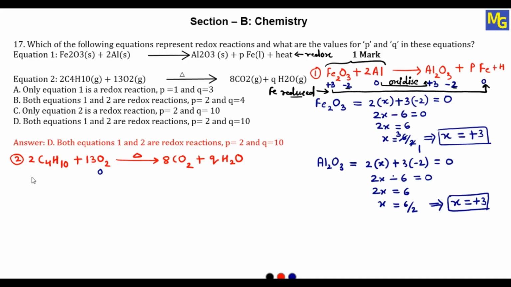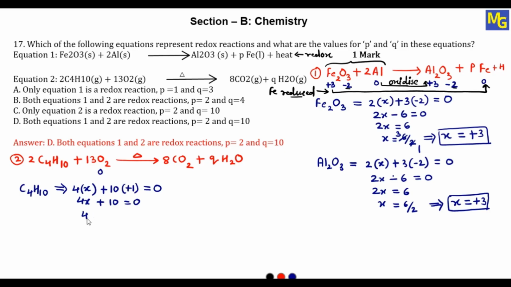We have to find out first for carbon. For carbon, I'll take here C4H10. Now we have to find out for carbon. Therefore, I will take x for carbon. So we have 4 carbons, so I took 4. x is the oxidation state of carbon, which we don't know. Then plus, how many hydrogens? 10. The oxidation state of hydrogen, as we all know, is plus 1. And overall it is 0. So 4x plus 10 is equal to 0.